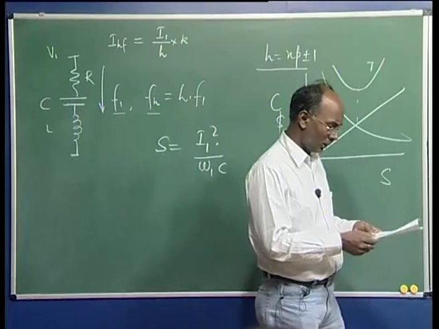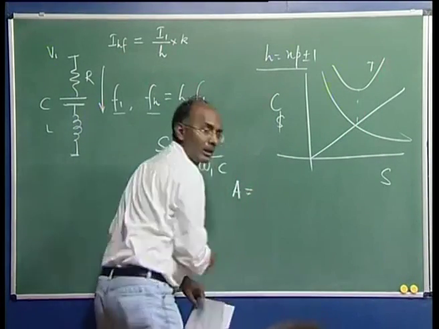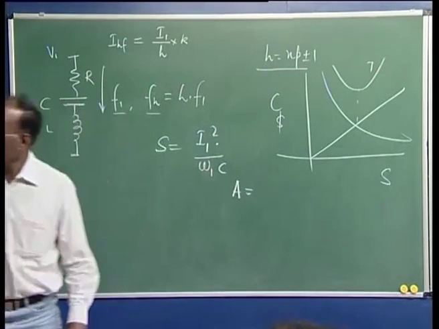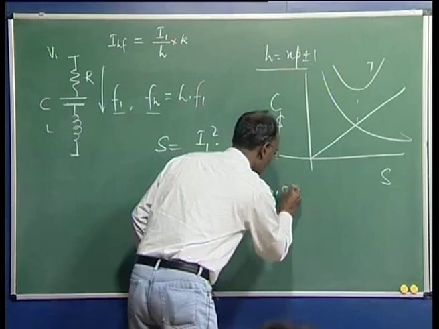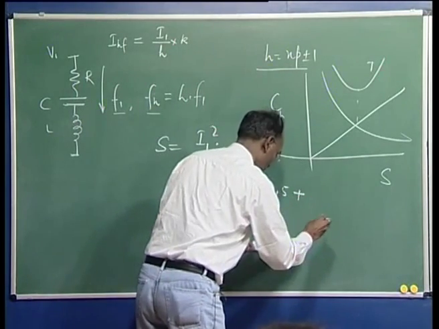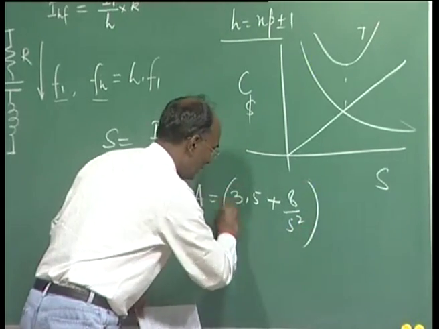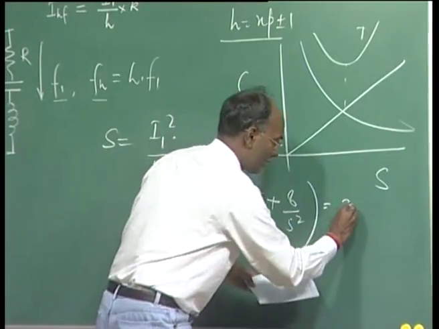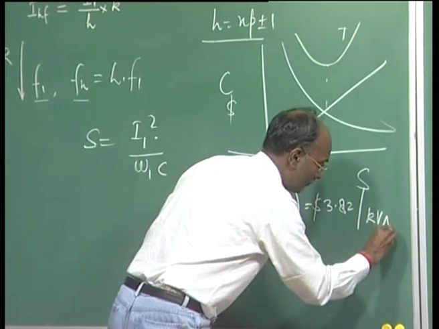So, what happens if you put this value, your A value we can take here. This A value is UC, here it is 3.5 plus your UL, that is 8 by 5 square. Here this will basically come to 3.82 dollars per kVAR.